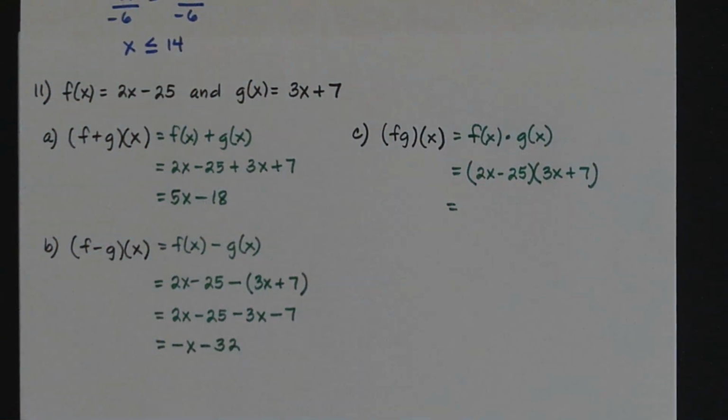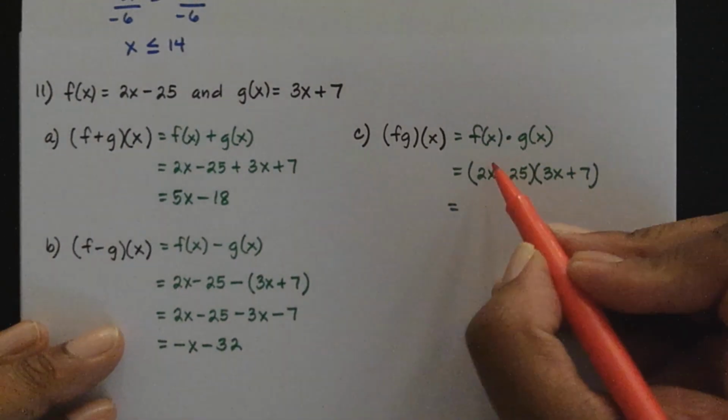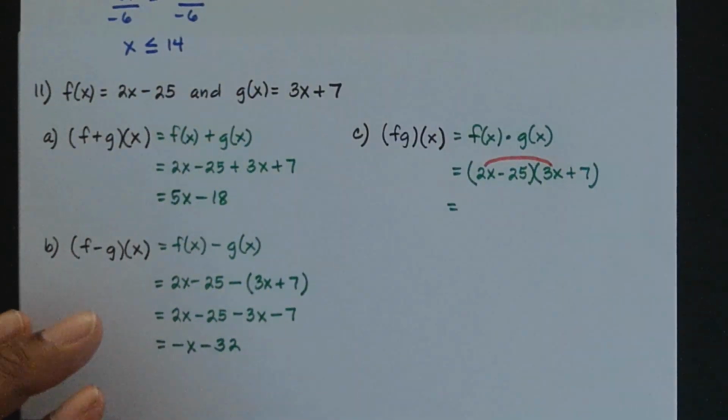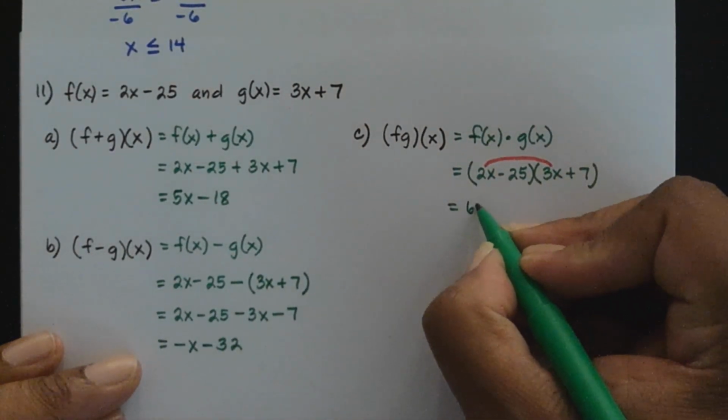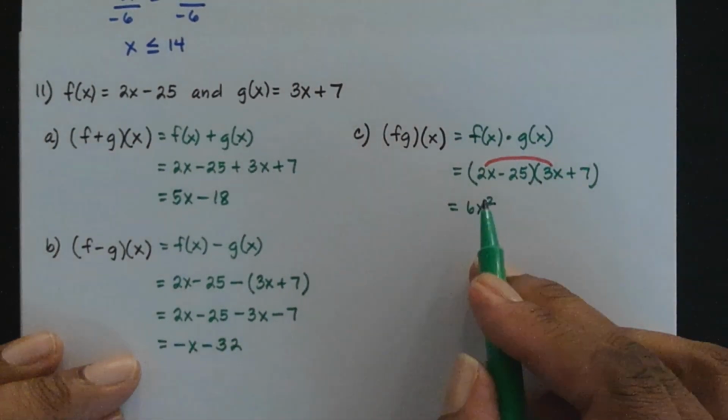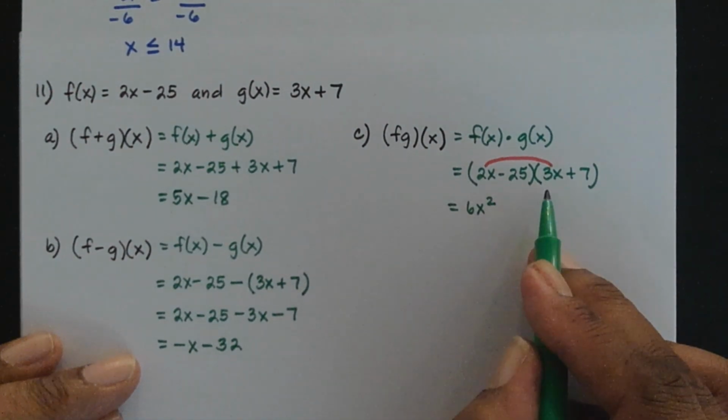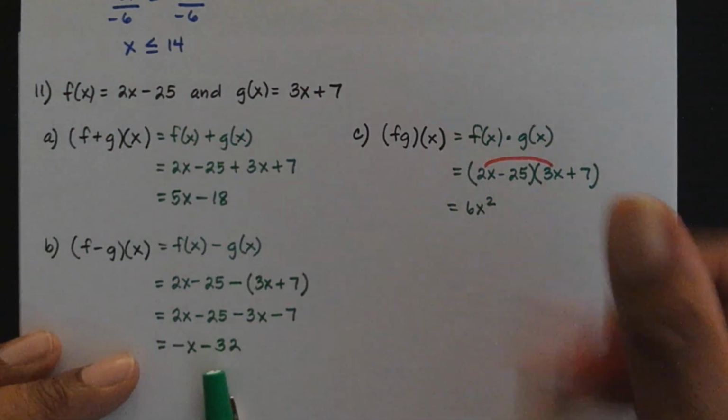So here we just apply the FOIL method to multiply two binomials. That means the first term times the first term, 2x times 3x, would be 6x squared. 2 times 3 is 6, and x times x will be x squared.